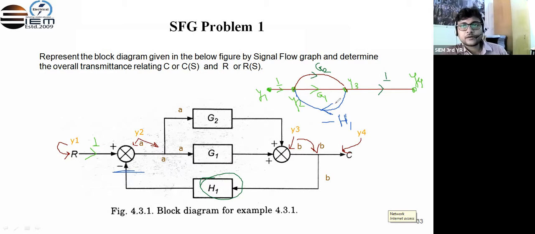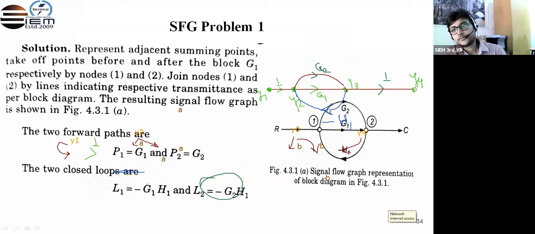So this is the representation of the signal flow graph. Now you see the signal flow graph. Is it correct to you?